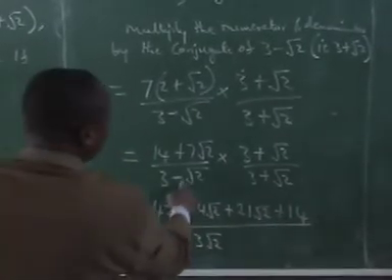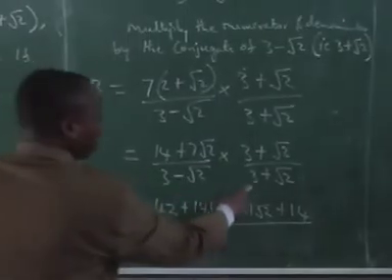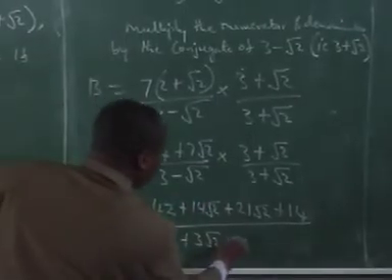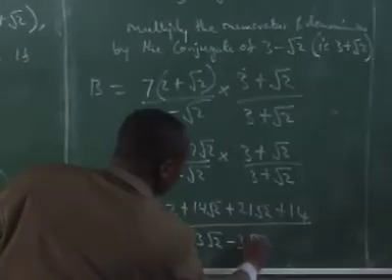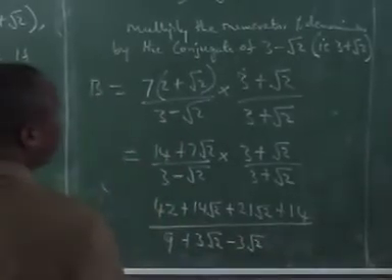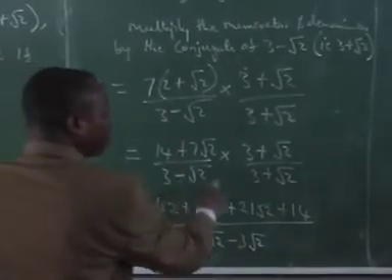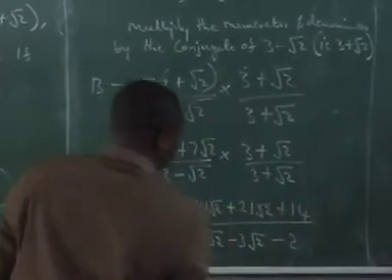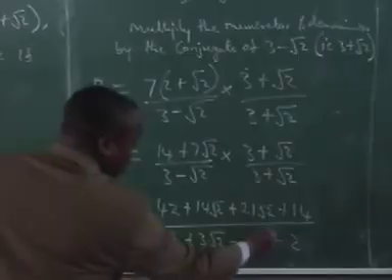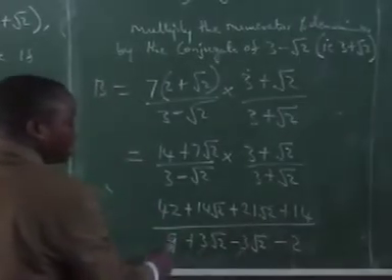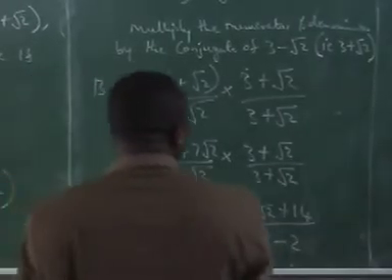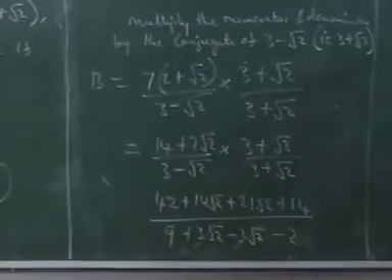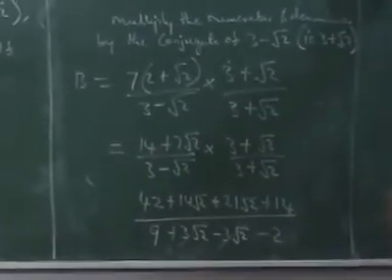Then root 2 times 3 will give us minus 3 root 2, and then minus root 2 times root 2 will give us minus 2. Of course, this one and this one will cancel. So we have 9 minus 2.